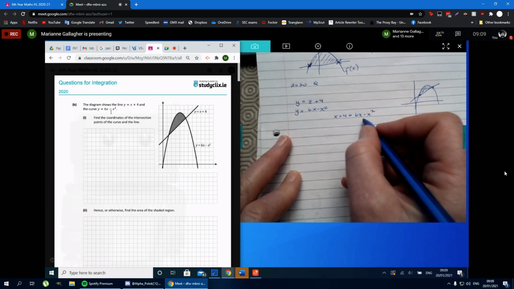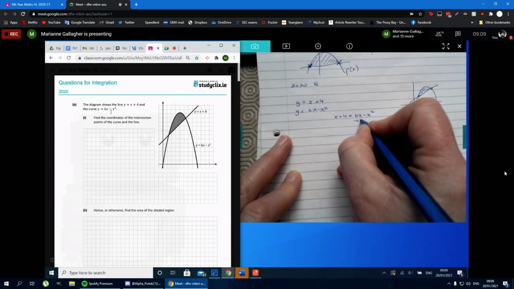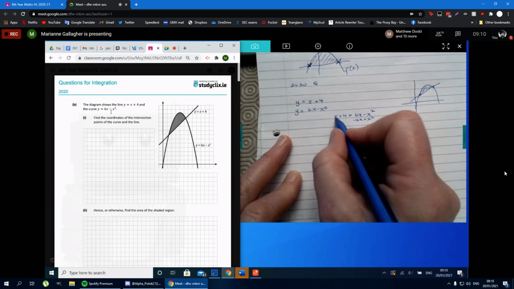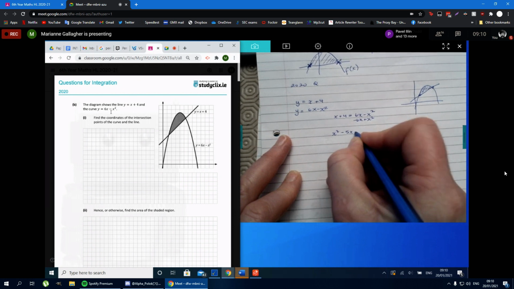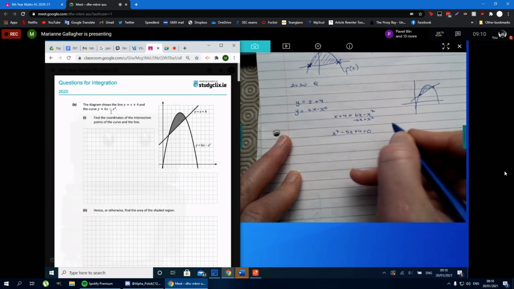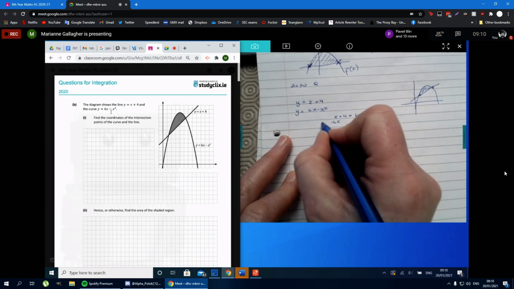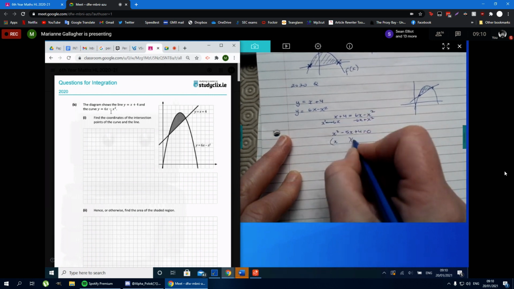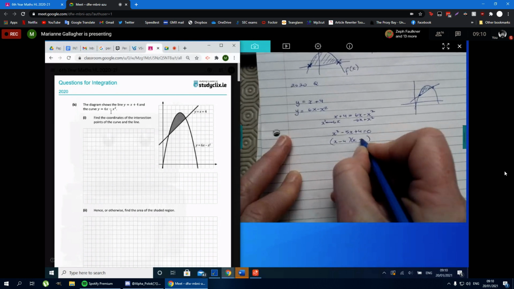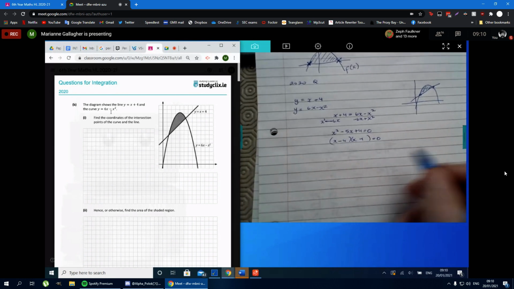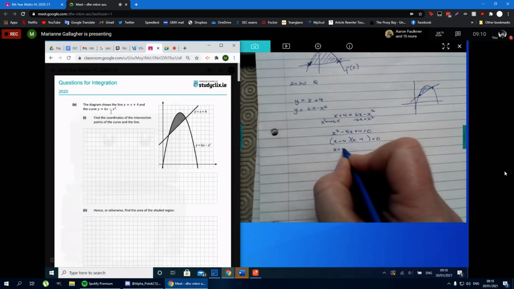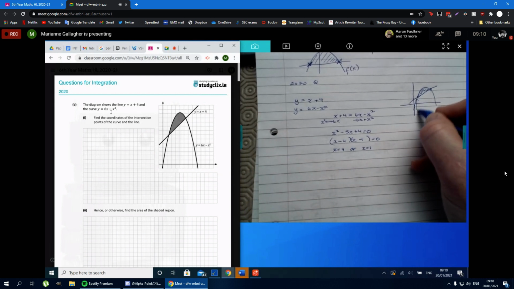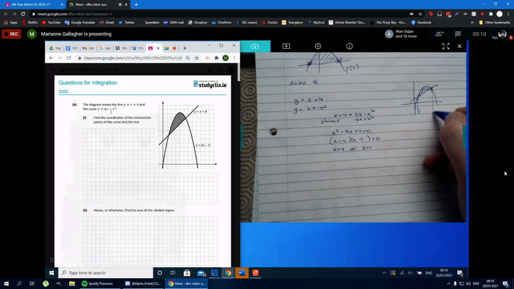Rearrange it so you've got a regular quadratic. We want to take these over to the other side, so you'll have x squared minus 6x plus x, which is minus 5x, plus 4 equal to 0. Then factorize that. You'll have minus 4, minus 1. So either x is equal to 4 or x is equal to 1. This is clearly the 1 and this is the 4.